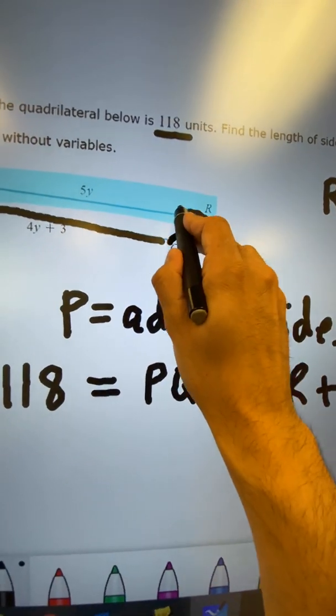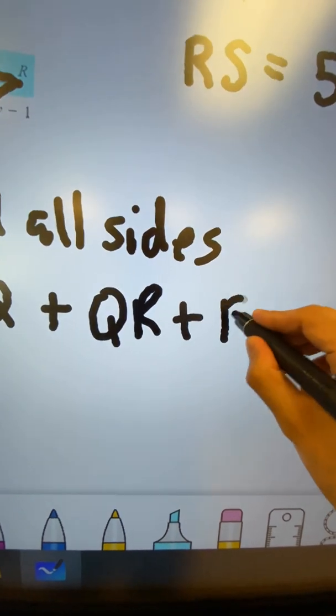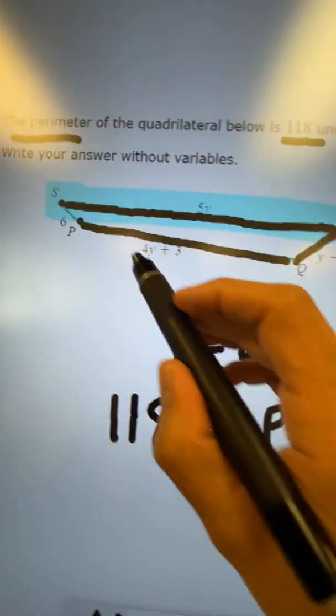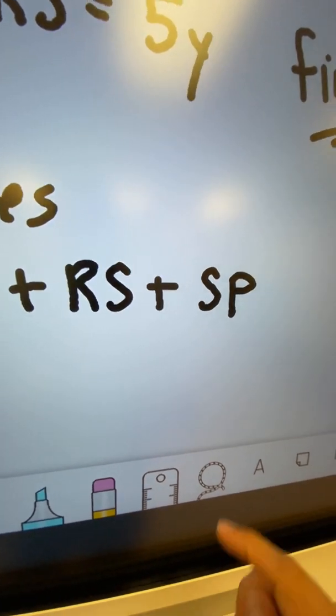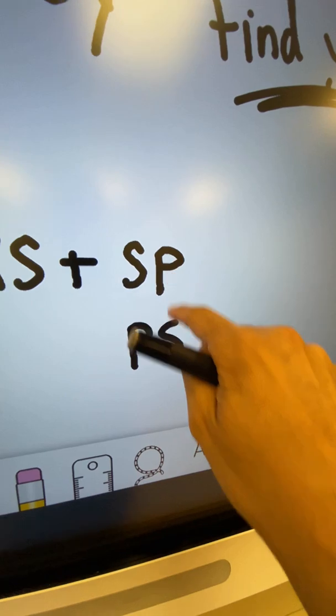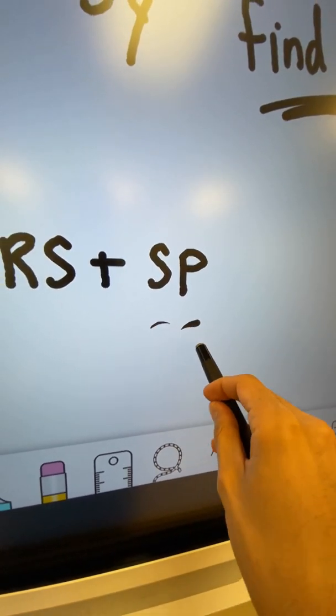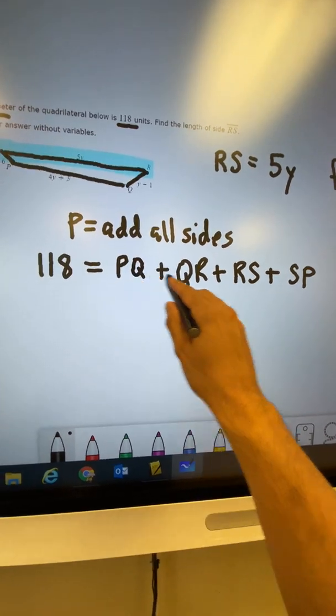Plus from here to here, it goes R to S. So that's the length of RS. Plus this to this one is S to P. So SP. And just a little side note, if I were to write down PS, it's the same thing. It doesn't matter which order you write it in because it's the same endpoints of the same side. All right, so now we have it organized. So these are my 4 sides.